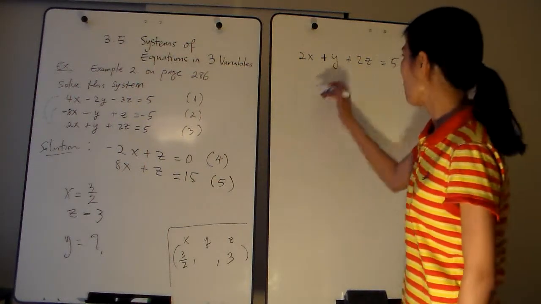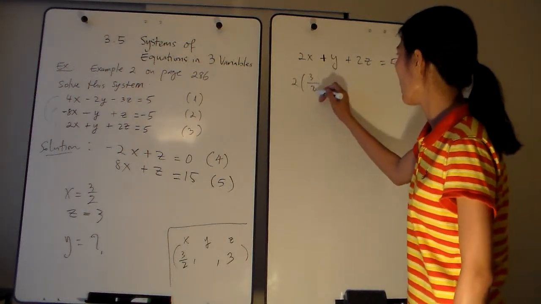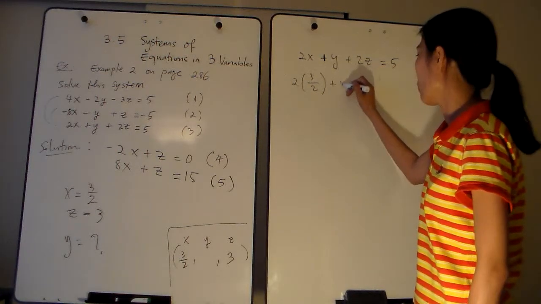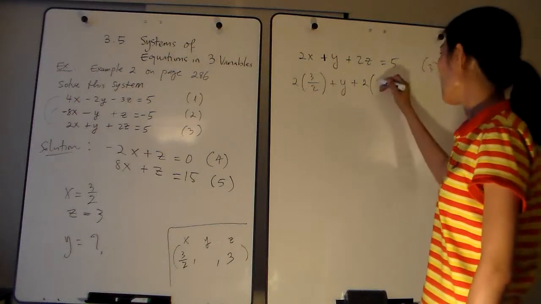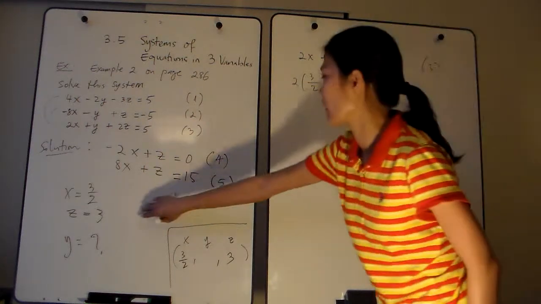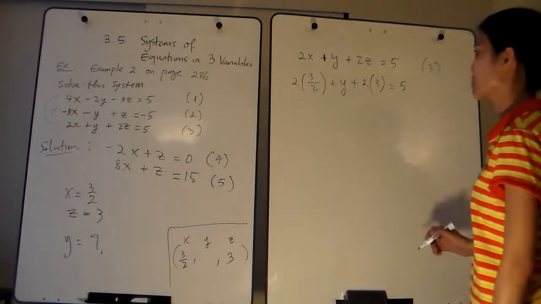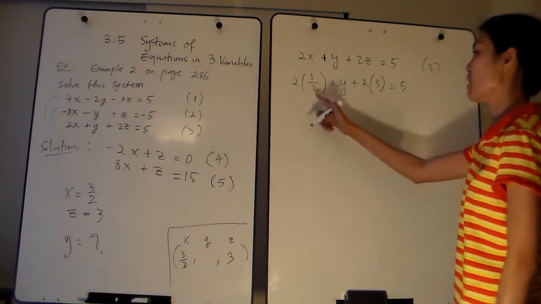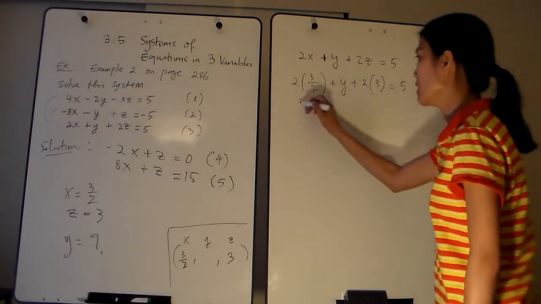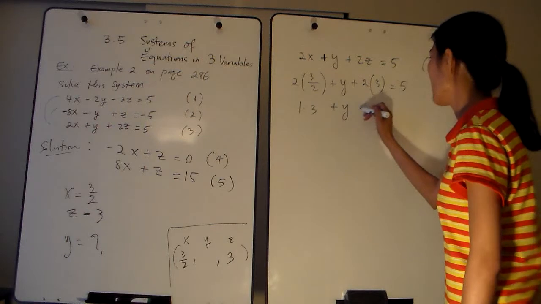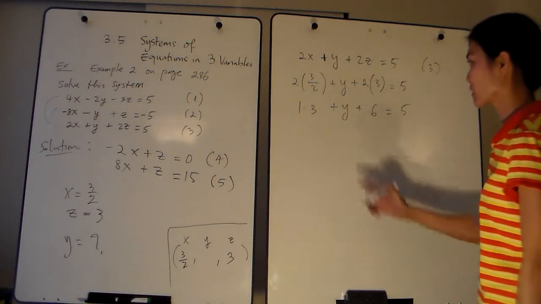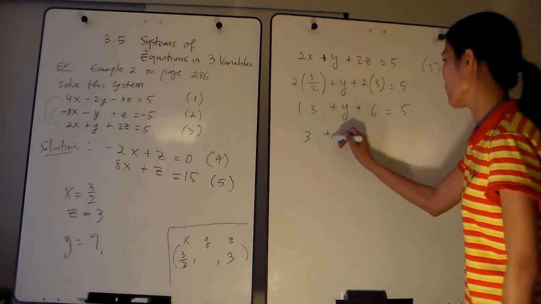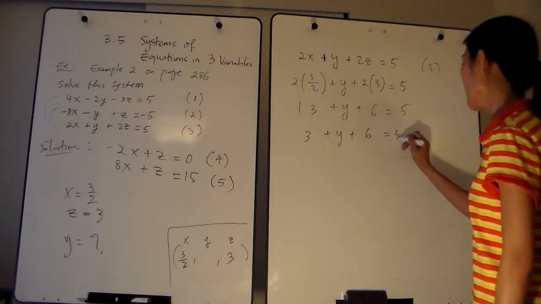We'll substitute x equal to 3/2 here, and y, I don't know, put y there, and substitute z, which is 3, equal to 5. Simplify. 2 in the numerator, divided by 2 in the denominator is 1. 1 times 3 is 3 plus y, plus 2 times 3 is 6, equal to 5.